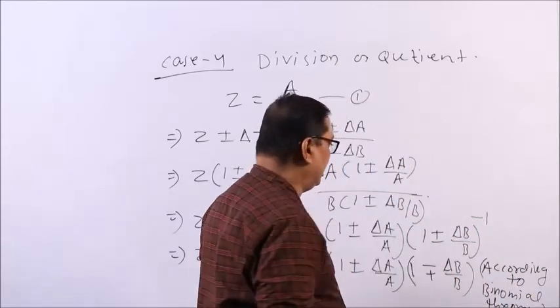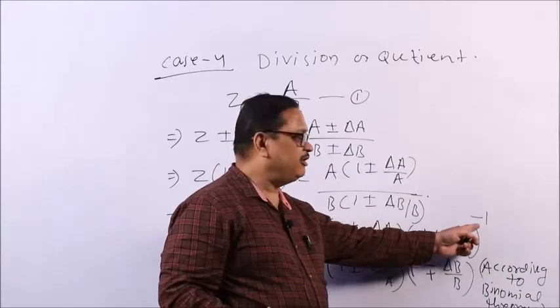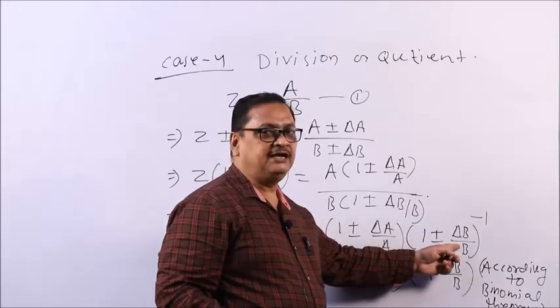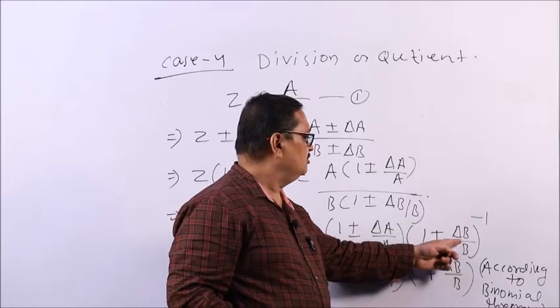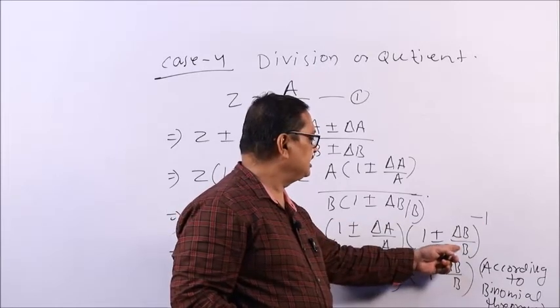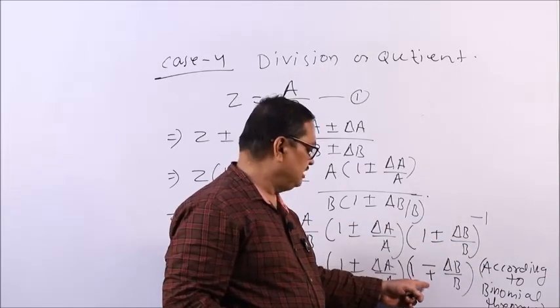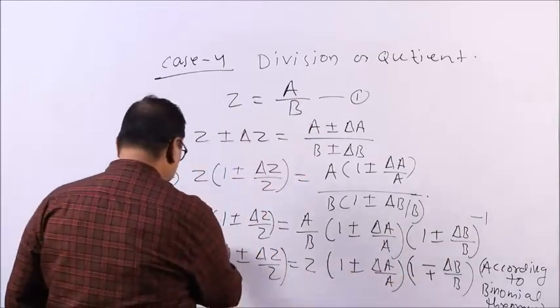According to binomial theorem, if the power is negative, it will be multiplied with the second term. This is the first term, this is the second term. So, when minus 1 is multiplied with the second term, this plus will be minus and this minus will be plus. So, here z cancel.